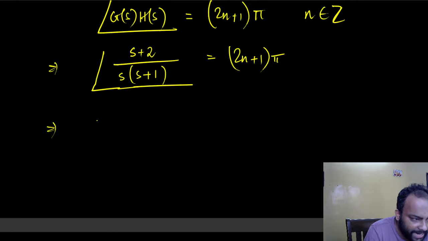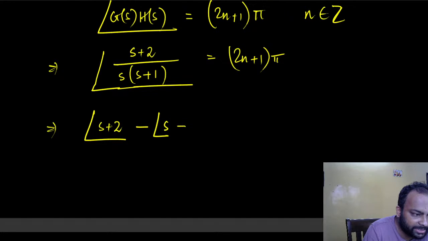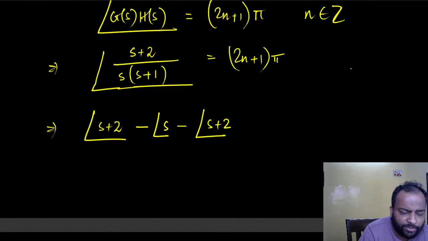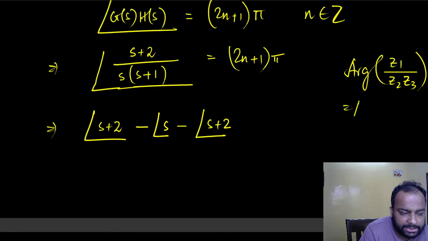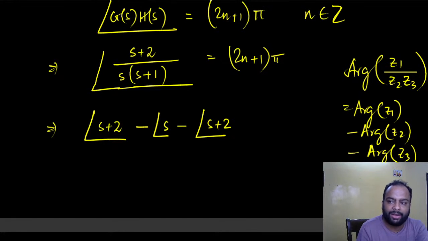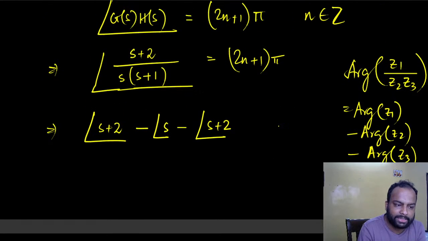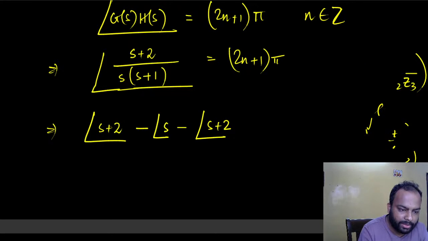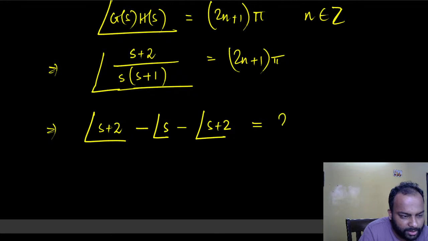But just for the moment, let's write down, this is angle of s plus 2, again a complex number, minus angle of s minus angle of s plus 1, because for complex numbers, arg of z1 divided by z2 z3 is just arg z1 minus arg z2 minus arg z3. Again, we have to add some pi to make the principal values properly merge, but just keep in mind that the principal value thing has been taken care of by this n. There are so many things in complex analysis that we are kind of assuming to be true here.